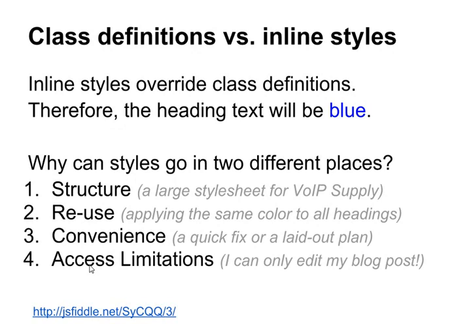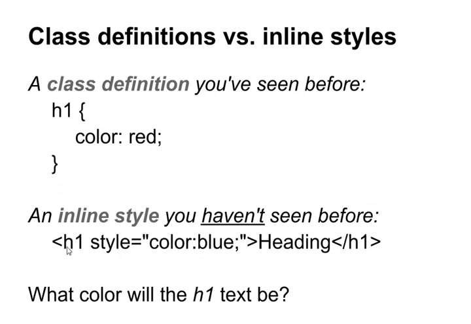Now, with class definitions versus inline style sheets, why can they go in two different places? Well, there's a few things you have to consider. There's actually four things. The first is for purposes of structure. When you talk about a site as complex and as large as our site, VoIP Supply, if you just use inline styles, that is for every single heading you have on a web page, you start throwing these things in there, sooner or later you're going to miss one.